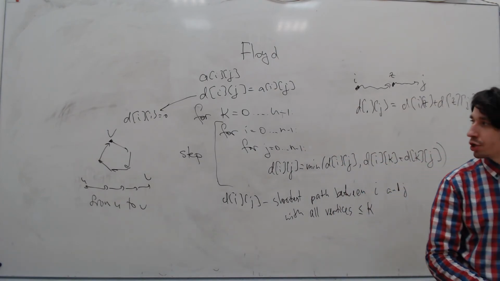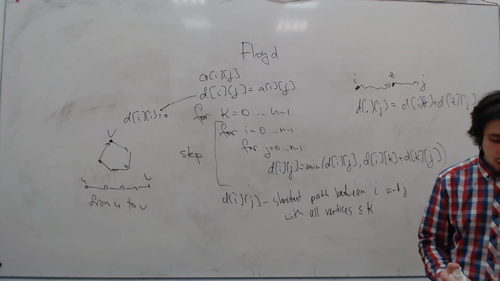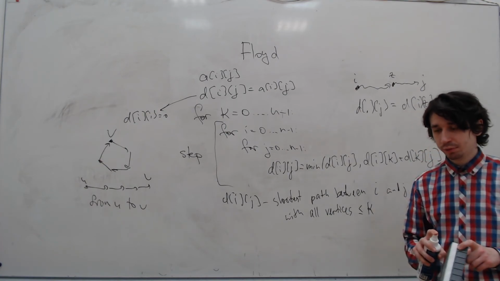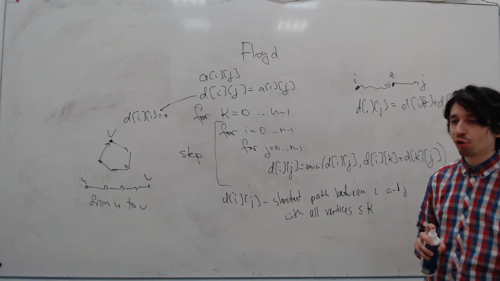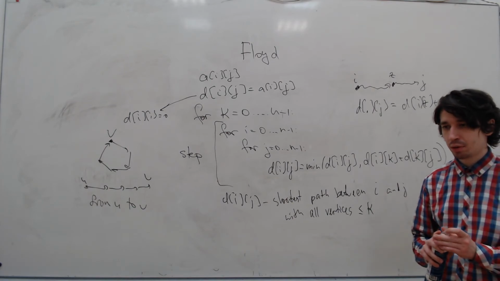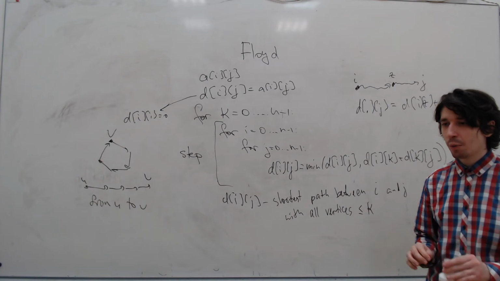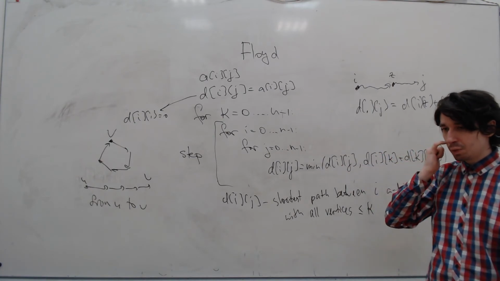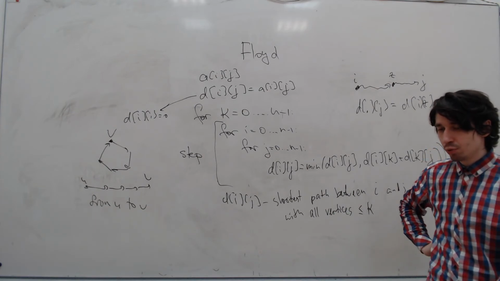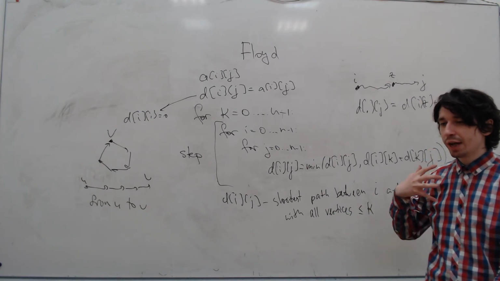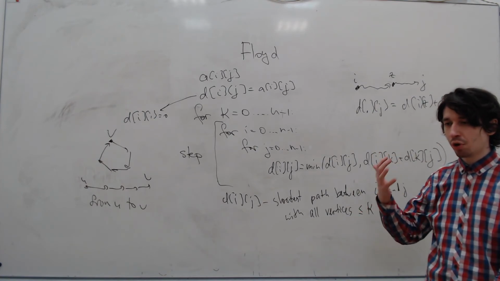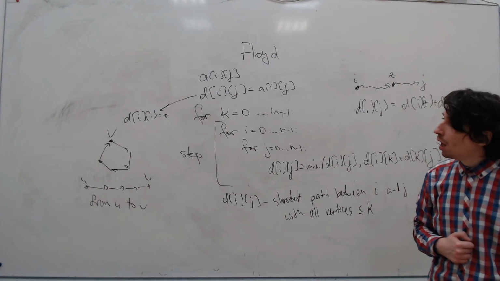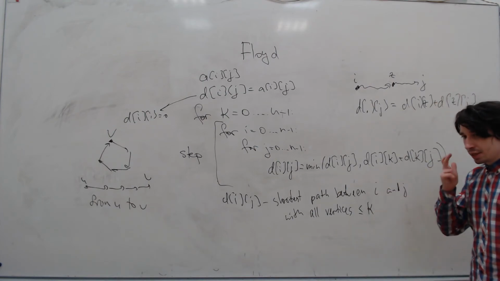Another interesting question, though, which you should answer: what should I do if I want to restore a path? I want to get not only the shortest distance between two vertices, but also to restore a shortest path. So I want to know all the vertices that are in that path. How to update this?